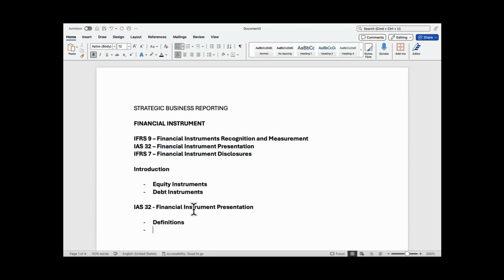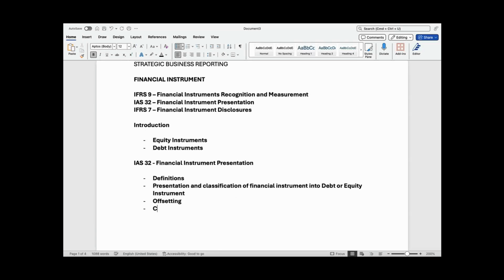It talks about how you present, presentation, and classification of financial instruments into debt or equity instruments. And it also talks about offsetting. Also, it talks about compound financial instruments.